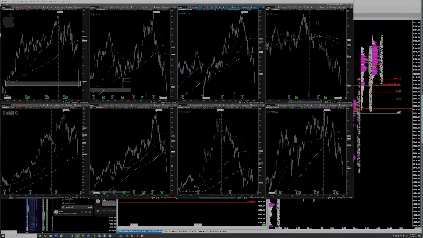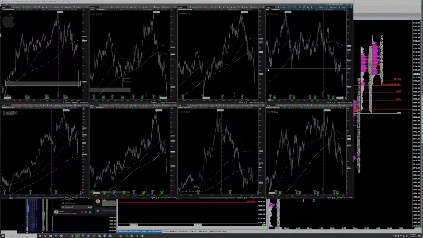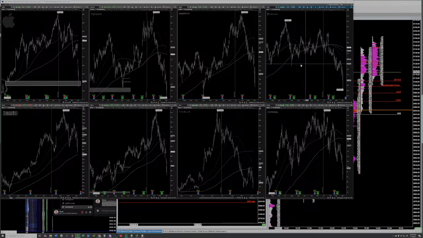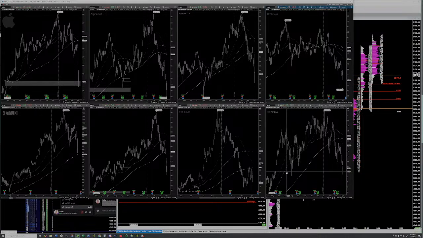Don't have more here, but you can see. I have an idea what is happening here. Markets were overvalued. This is something here, and you can see that this one here, this one here, this one here, this one here may have found some kind of level where two-way trade can take place.